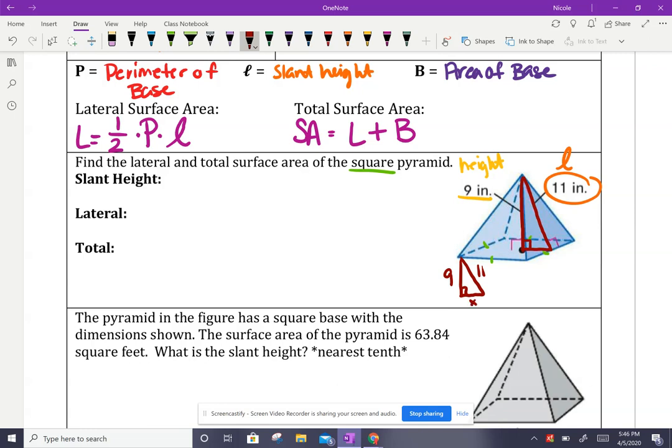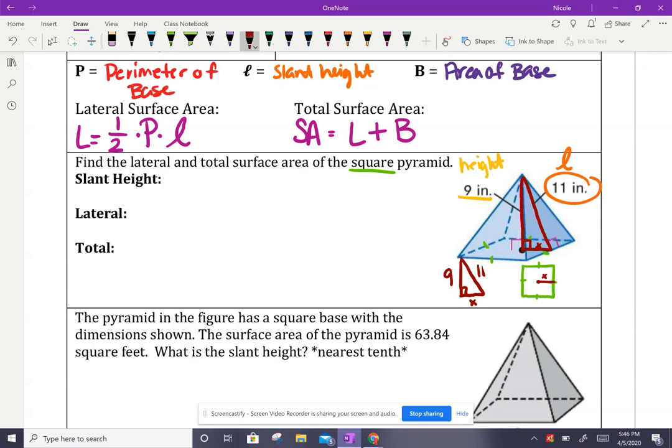This missing piece of information right here is going from the center of our square to the side of a square. So if I think about my little square base, all four sides are congruent, and that height hits right at the center and goes to the side.